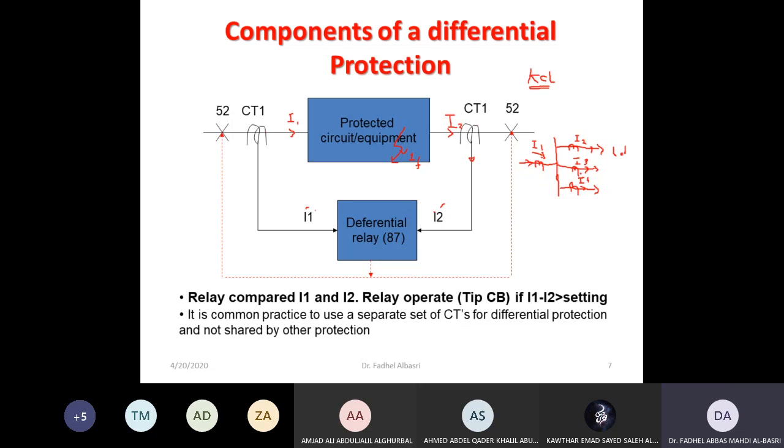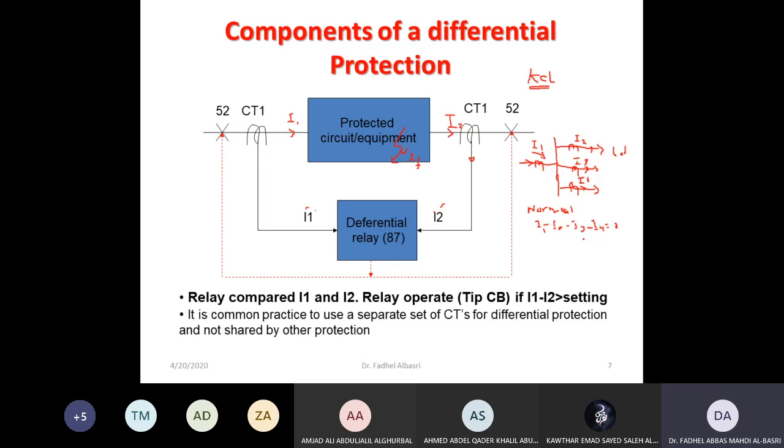Now, by KCL, during normal operating condition, I1 minus I2 minus I3 minus I4 should equal 0.